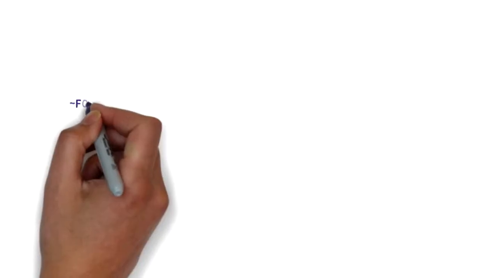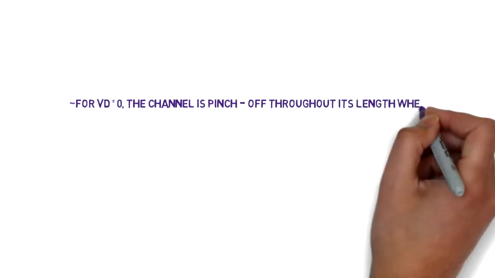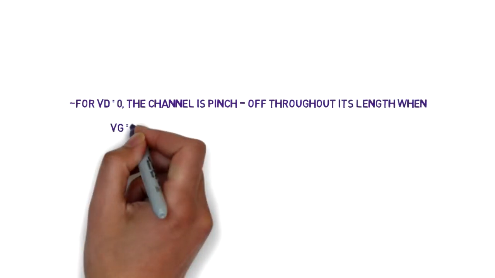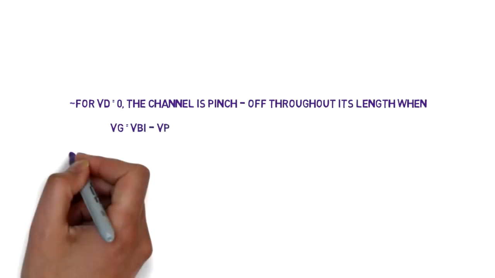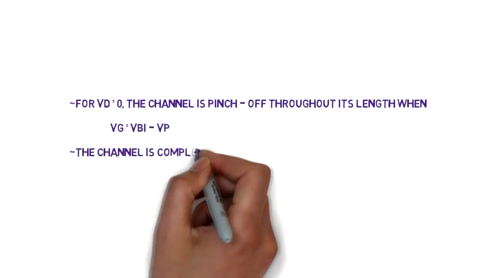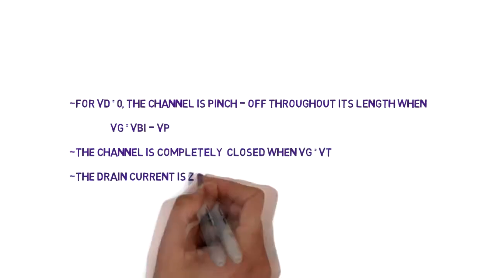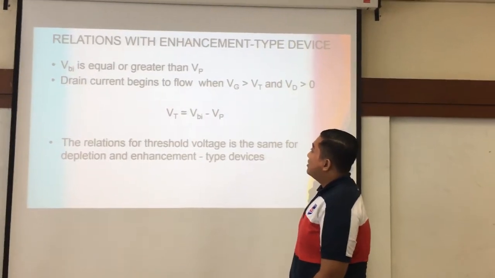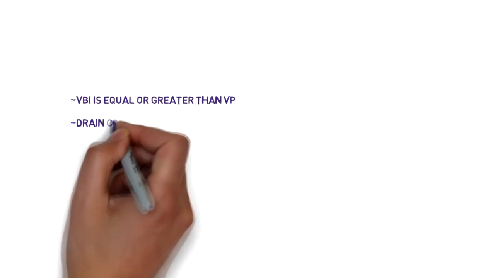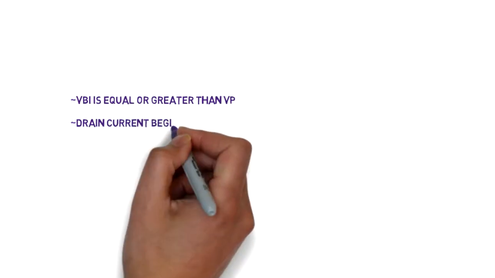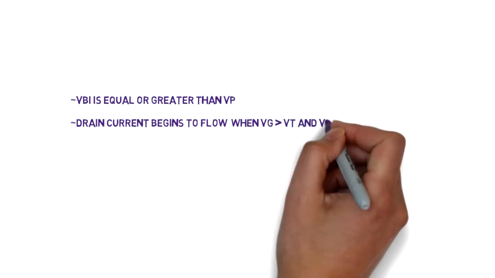But when Vd equals 0, the channel is pinched off throughout its length, and the formula is that the gate voltage equals the built-in voltage minus the pinch-off voltage. So the channel is completely closed when Vg is equal to Vt, so the drain current is 0. But when Vd is equal to or greater than the pinch-off voltage, the drain current begins to flow when Vg is larger than Vt and Vg is larger than 0.